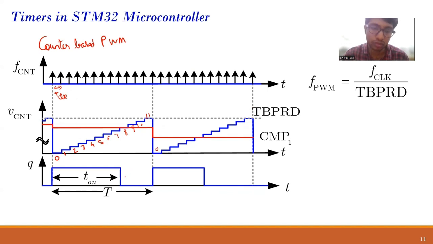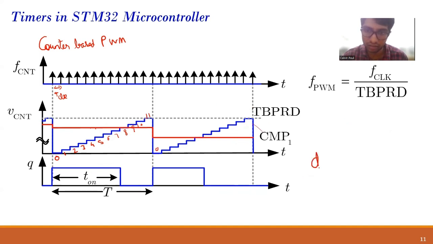Okay, now how much time is it on? This red one is the compare value. When this compare value is greater than the counter value, then my switch is on. Okay, this is the normal PWM logic. Right. So in this case, what is your duty cycle?